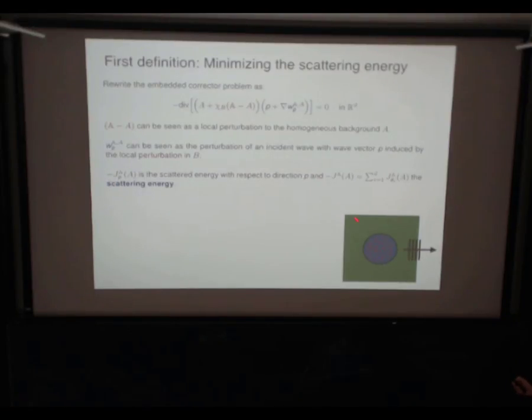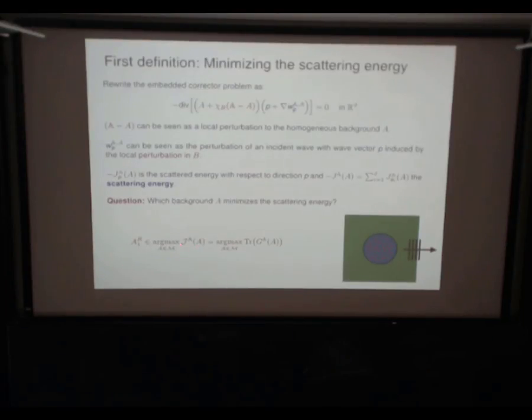Okay, so for one direction, and if you sum up over all directions, then you have exactly this minus Ja. So this can be interpreted as the scattering energy of a wave that has an infinitely long wavelength going through this perturbation, and you want the background material that minimizes this scattering energy.